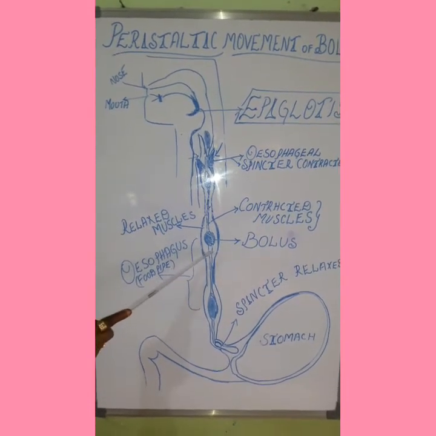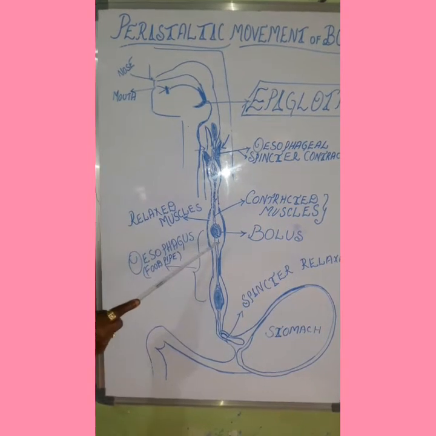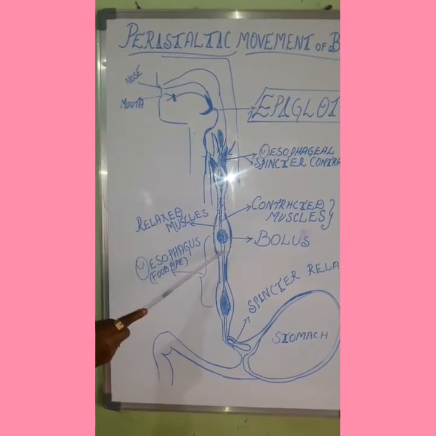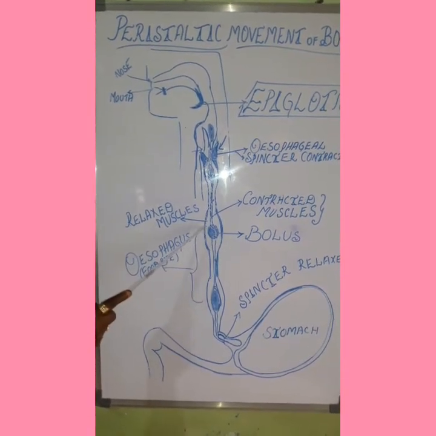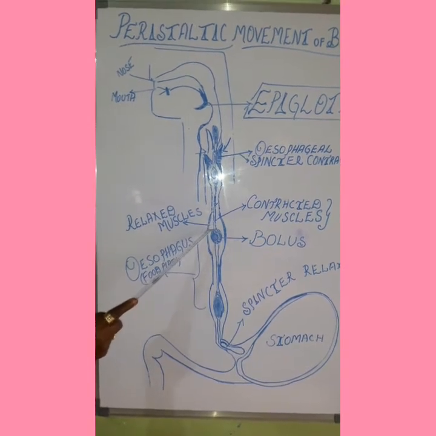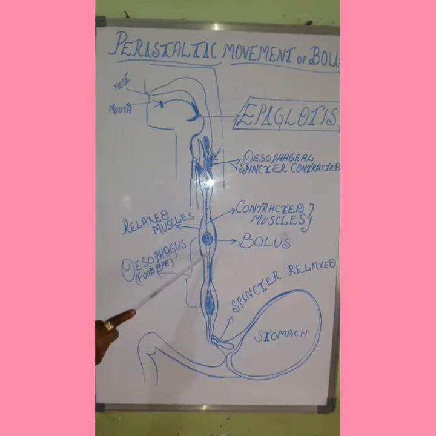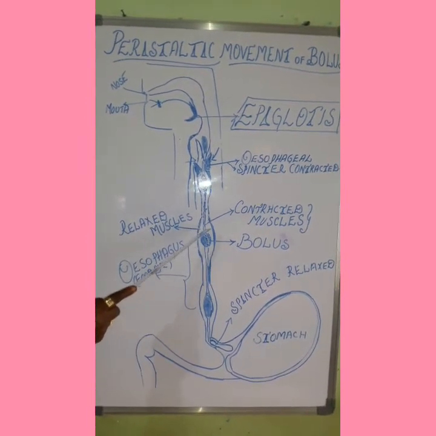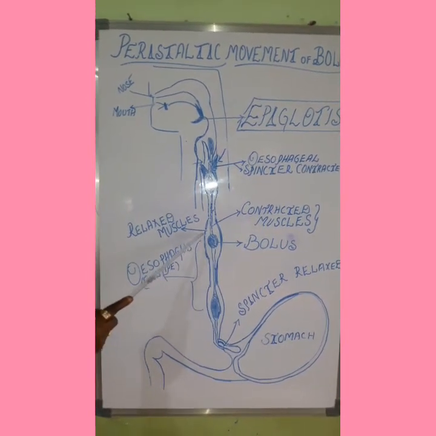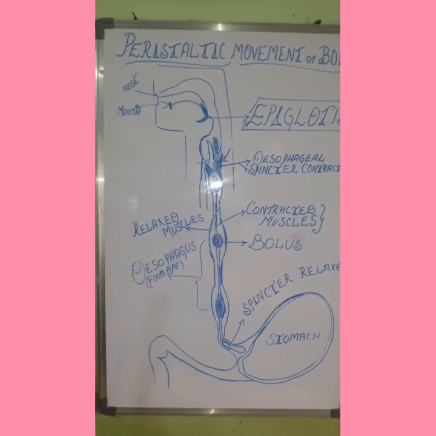The longitudinal muscles, which are in the outer layer of the esophagus, make the esophagus widen, so that the food is pushed inside the esophagus, by the relaxation of these longitudinal muscles.